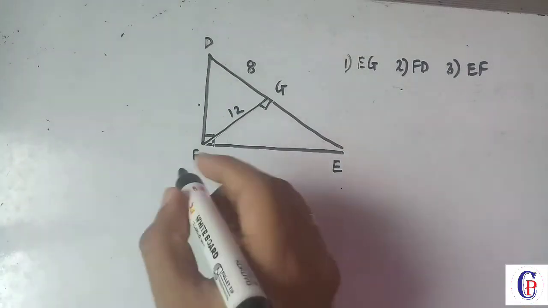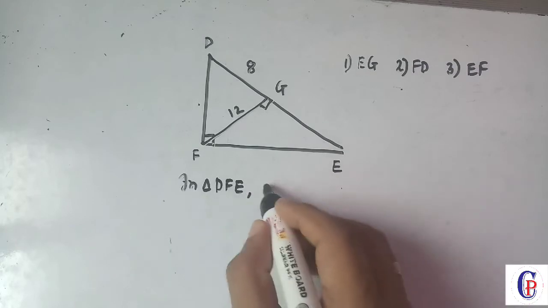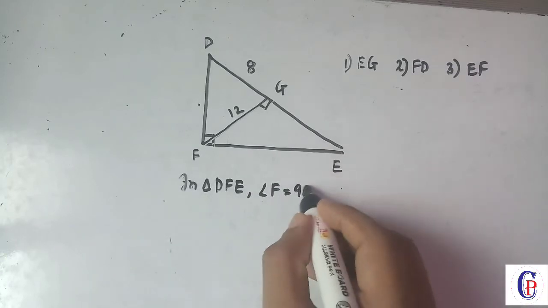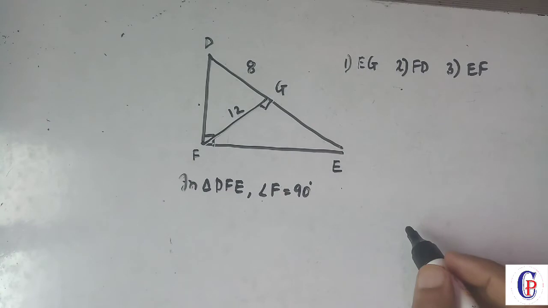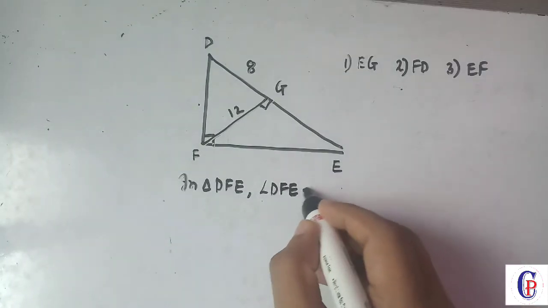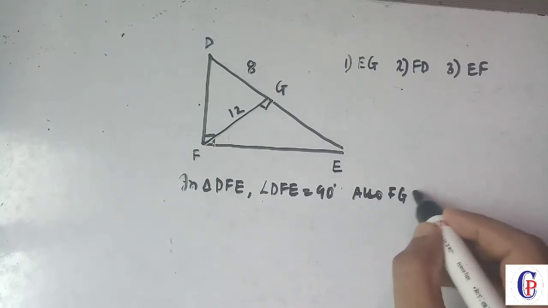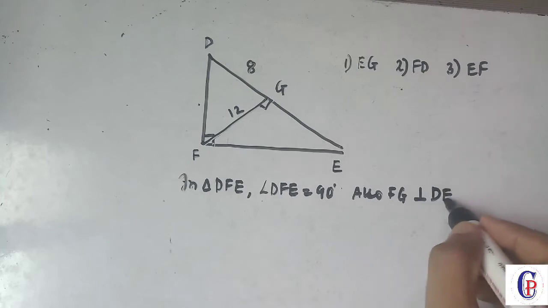We will write here that in triangle DFE, angle F is 90 degree. Or else we can write angle DFE is 90 degree. Also FG is perpendicular to DE.